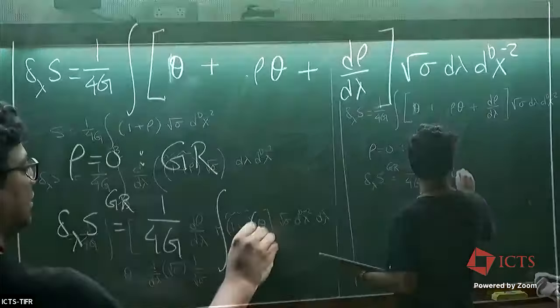Which is exactly what we expect, because for GR, entropy is the area. So entropy change is nothing but integration of the expansion along the null generator, and because this theta is defined locally, integrate on the two-dimensional surface and integrate on theta. This is the total rate of change of the area, and that is what the entropy is. For GR it is satisfactory.